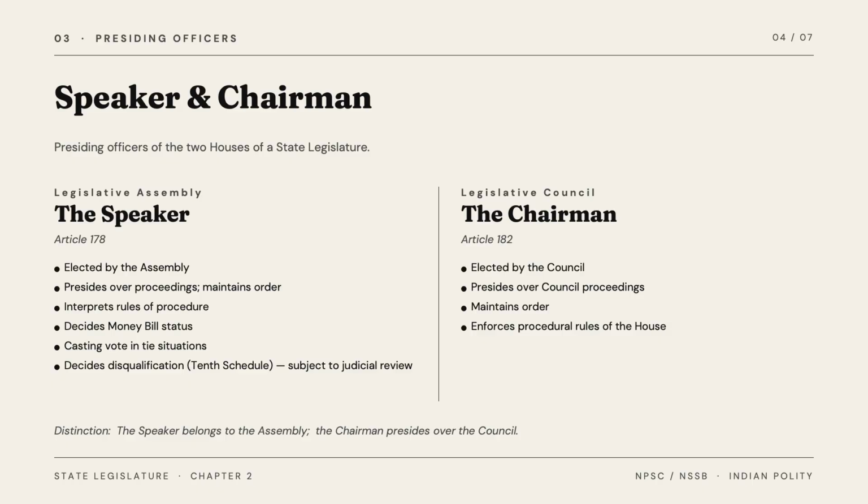It's the same. Whereas the chairman is similar to the Rajya Sabha chairman, elected by the council, presides over the council proceedings. He maintains order, right? He enforces procedural rules of the house. Okay. Very similar to the speaker, except that he doesn't have power with regards to money bill and so forth. But he can also cast a vote in case of a tie.